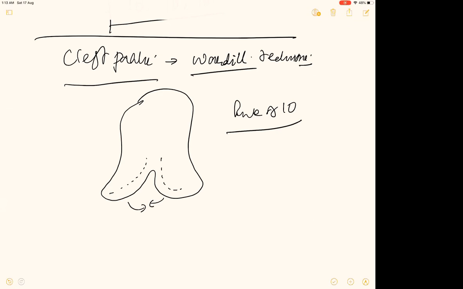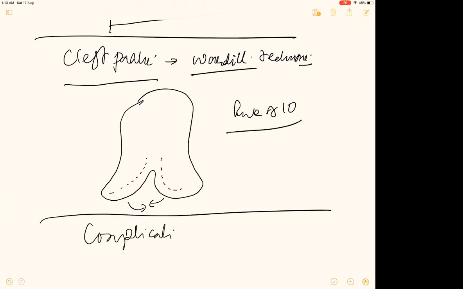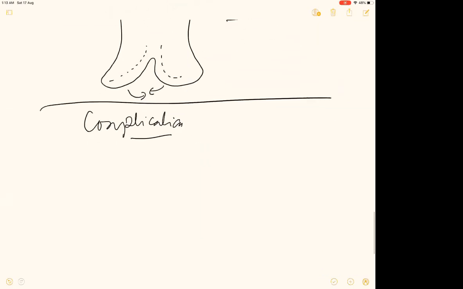Now, what are the complications that arise due to a cleft lip and a palate? Number one is feeding difficulty. Number two is difficulty in breathing.